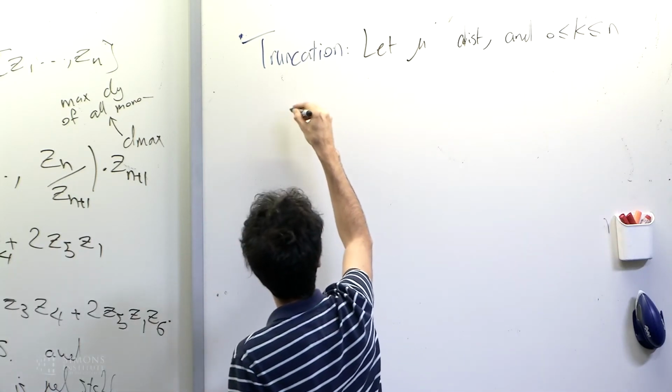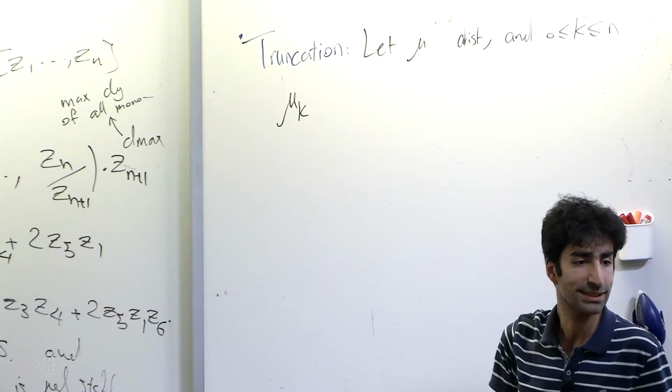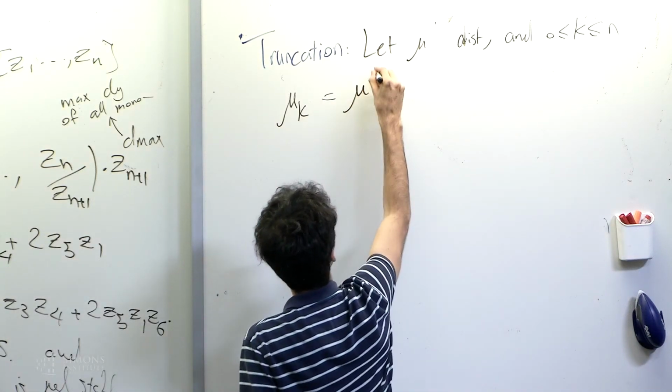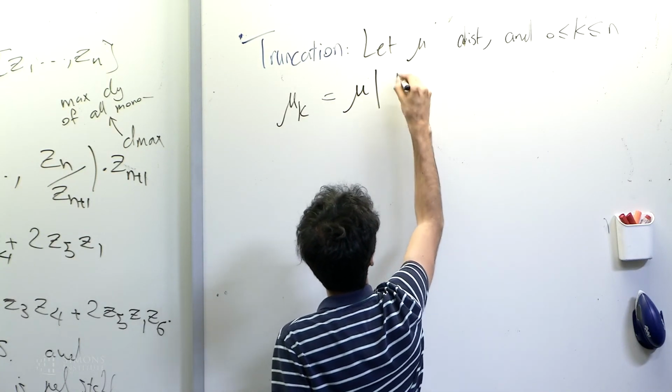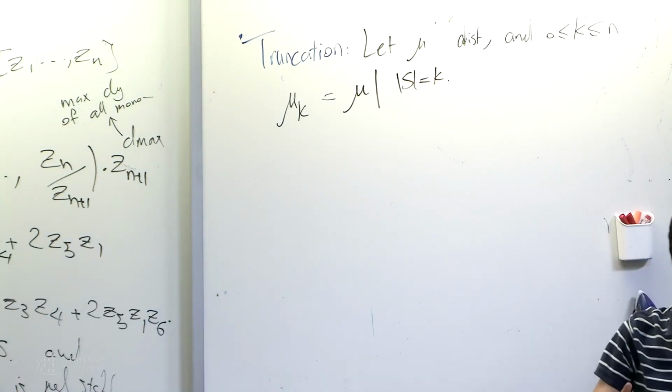The truncation of mu, called mu k, is mu conditioned on sets of size k. You basically throw away every set where its size is not equal to k, and then you renormalize. So that's called the truncation.